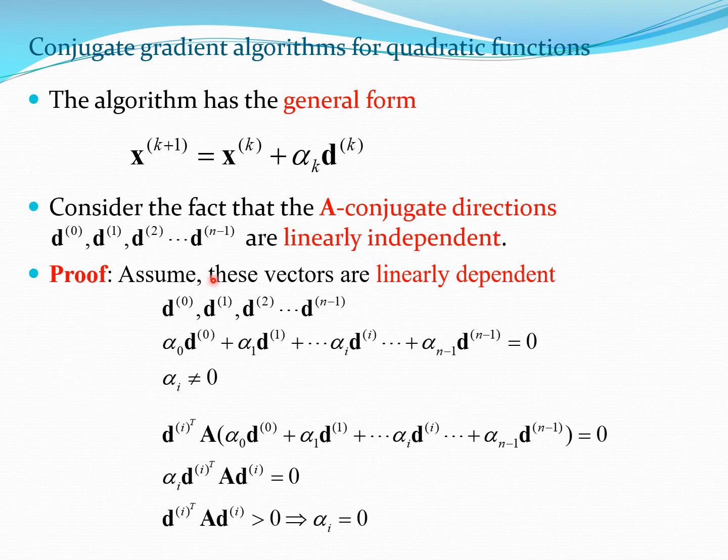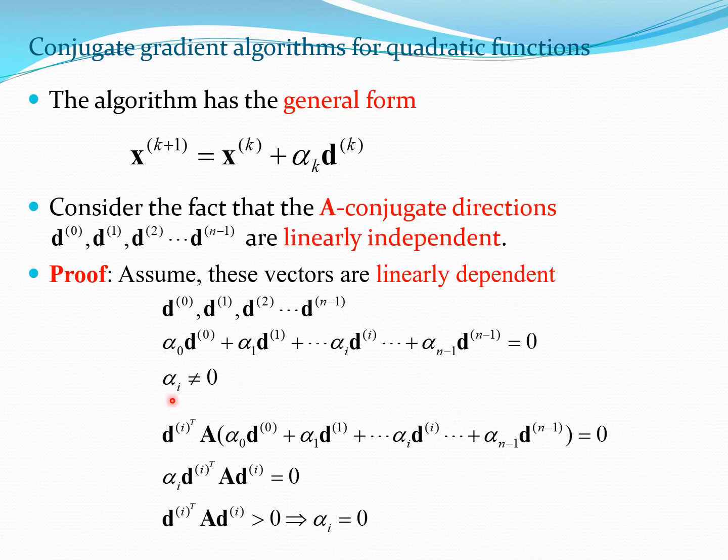Let us presume that this is not so, and actually these vectors are linearly dependent. In that case, we can write out an equation in this form: alpha 0 d0 plus alpha 1 d1 all the way to alpha n minus 1 dn minus 1 equal to 0. And if these vectors are linearly dependent, then certainly one of these values of alpha is not going to be equal to 0. Let us assume that is alpha subscript i.